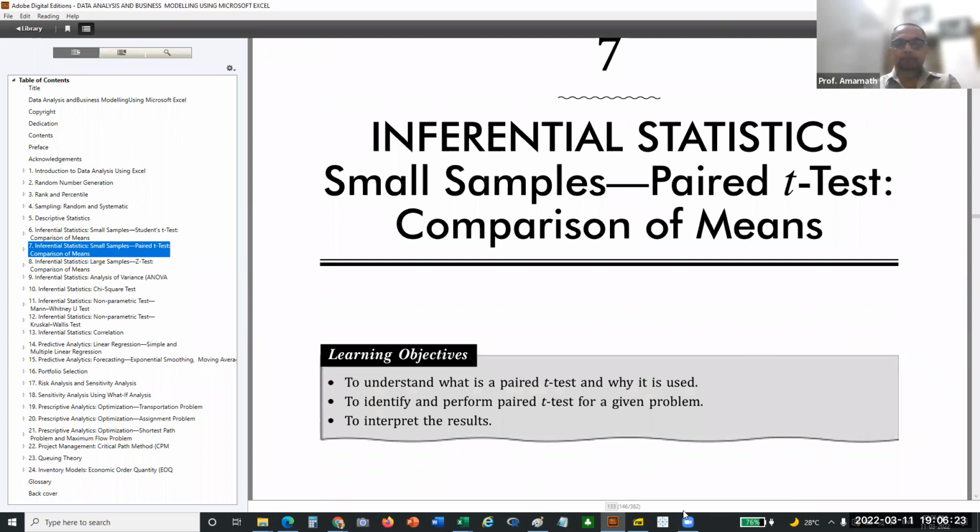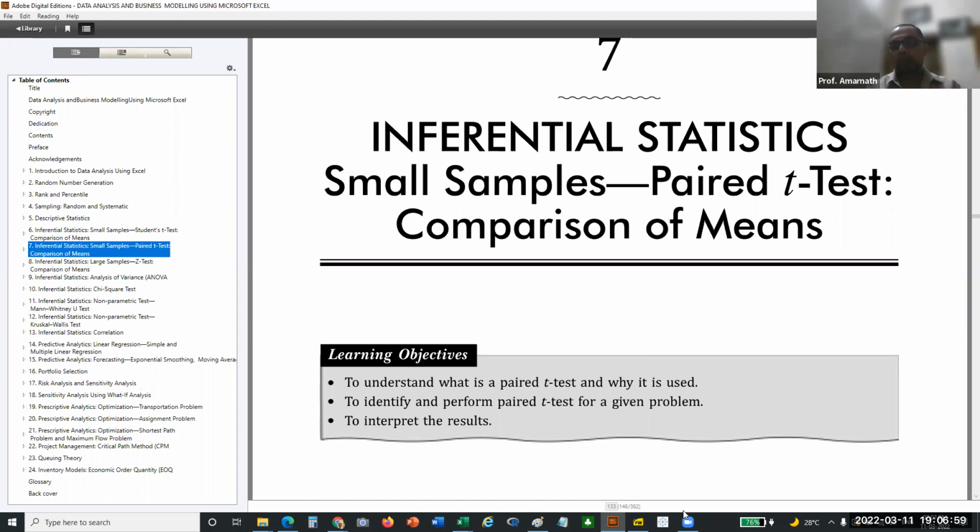So we'll move to the next aspect in inferential statistics: the paired t-test, that is, comparison of means. Comparing the performance of 10th standard A section and B section, or a product done today and the same product done tomorrow.